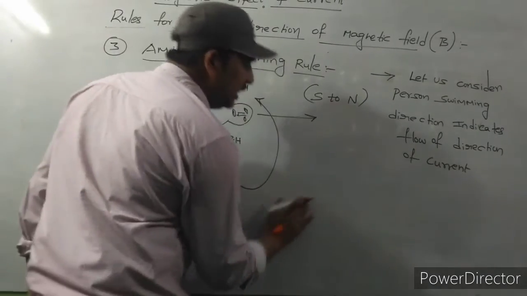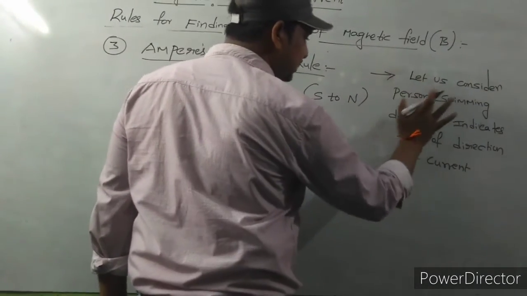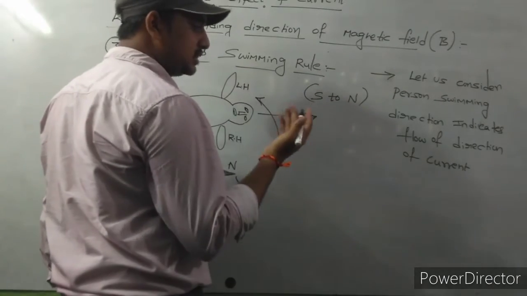So I will write here. Let us consider a person. The swimming direction indicates the direction of flow of current.